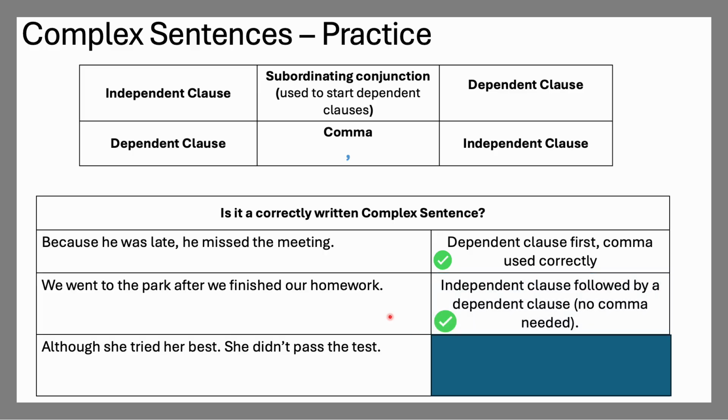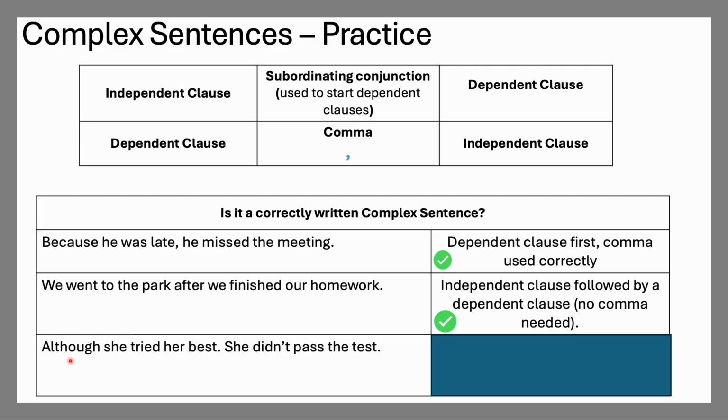There's no comma needed. And then finally, although she tried her best, period, she didn't pass the test. And so I don't see a comma or a subordinating conjunction, but I'm going to use this period as a guide, right? So on my left-hand side, if I'm using a period to end this little portion right here, then it needs to be a complete sentence. Is this a complete sentence? It looks like it, however, that although changes things, right?